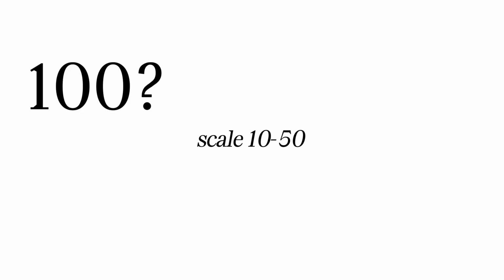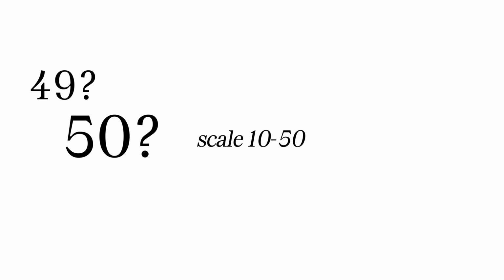A different example would be a stress scale which goes from 10 to 50, and someone has a score of 5, that's too low, or another person has a score of 100, which is too high. But what if you have a stress score of 49 out of 50 or 50 out of 50? That's an extremely stressed person. That's real data. That's something you have to keep, even though it's way higher than the rest.